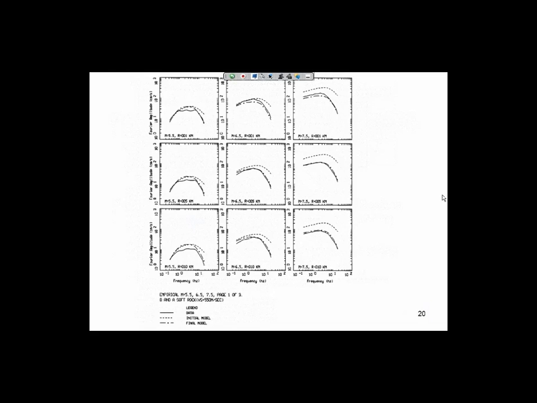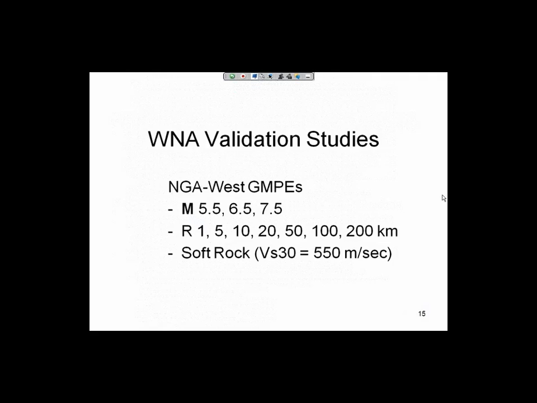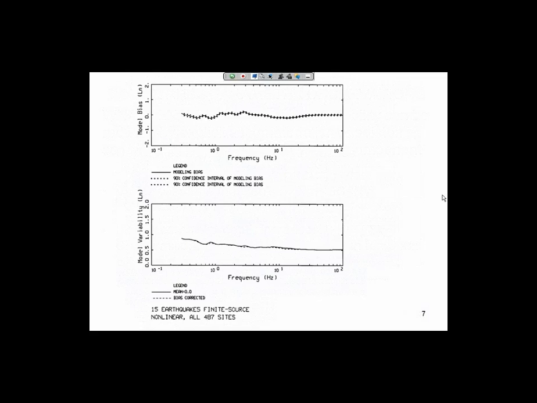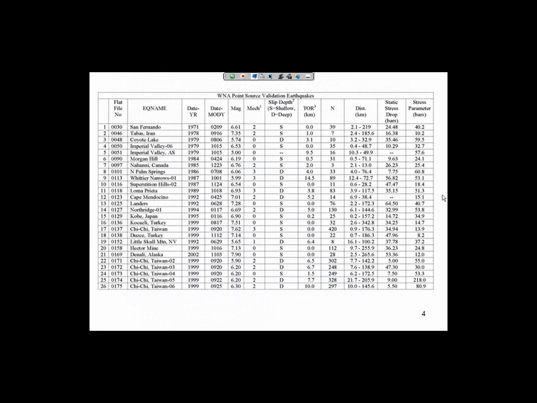So you look back in San Fernando, Pacoima is right over the ruptured plane, so the distance would be 0. But we're using 2.1 because that's the distance from Pacoima down to the San Fernando fault plane. So that's the distance we use. The definition of the closest. Yeah. So in these cases, we use the distance basically to the fault plane.